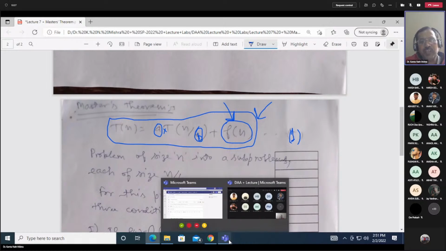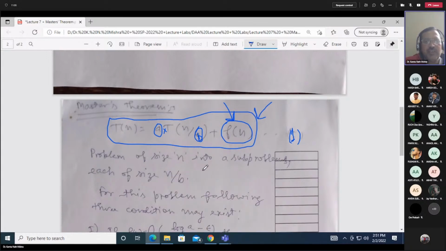B is 2. And the last one is cn, and cn is the constant.